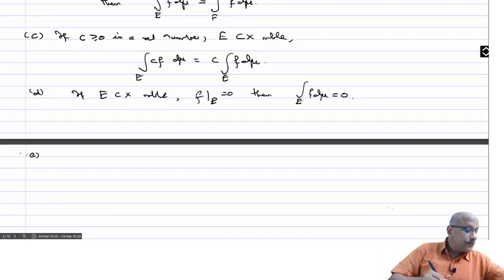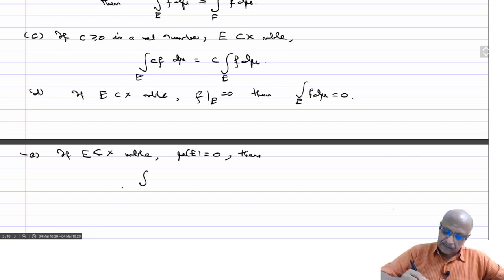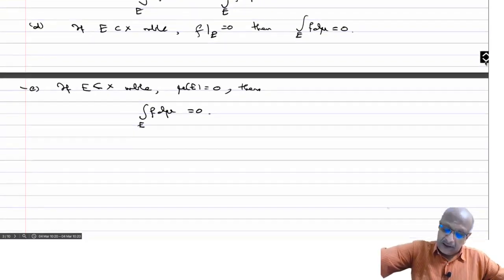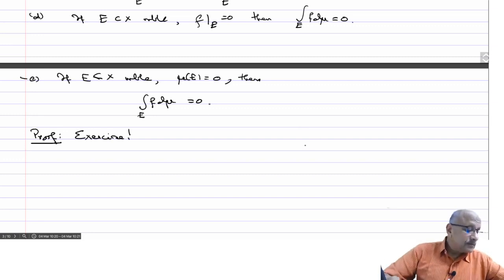And E, if E contained in X measurable and mu of E equal to 0, then the integral over E of f d mu equals 0. Okay, all these are immediate one-line deductions from the definitions. So proof, exercise.